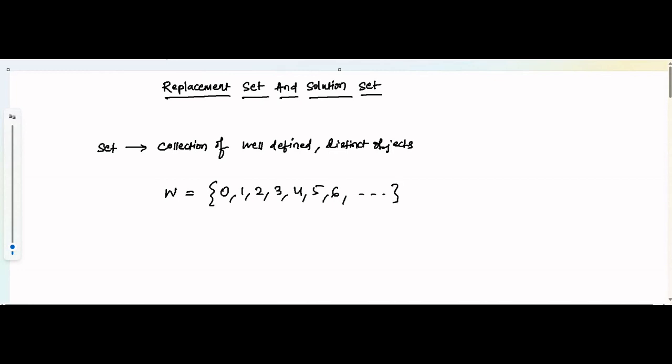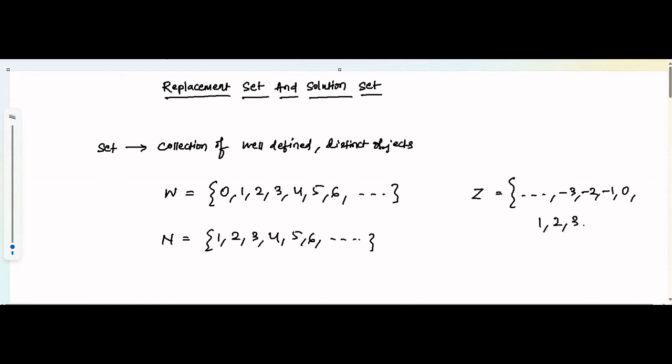Or we can have a set of natural numbers 1, 2, 3, 4, 5, 6, and it goes on and on. Then we have a set of integers: -3, -2, -1, 0, 1, 2, 3, from minus infinity to plus infinity.